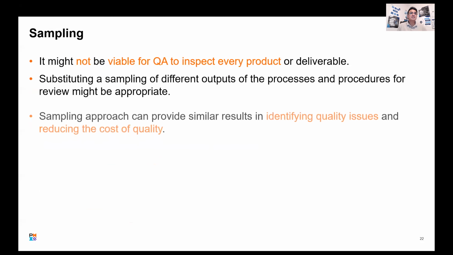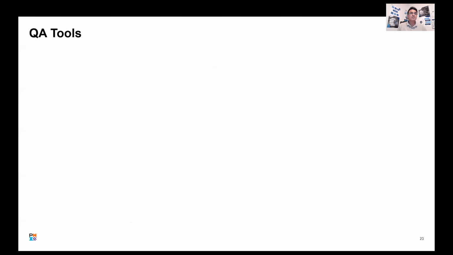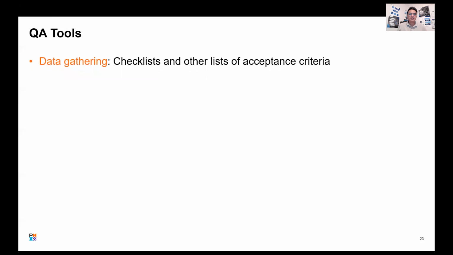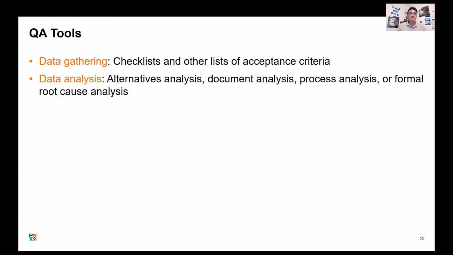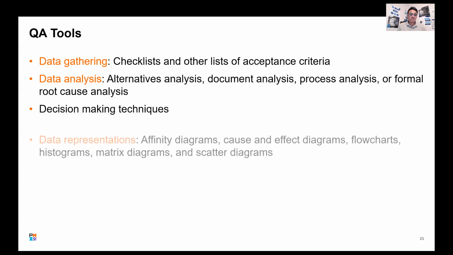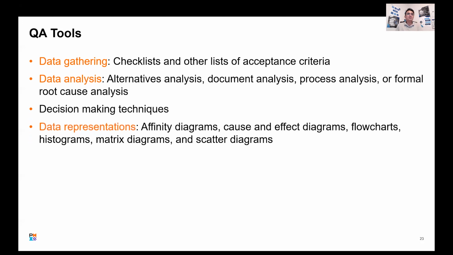Talked about it. Sampling. You guys remember the data gathering tools, data analysis tools? Remember root cause analysis, alternative analysis, document analysis? We talked about it. I'm thinking it's all basically taking you back to what you have already done.